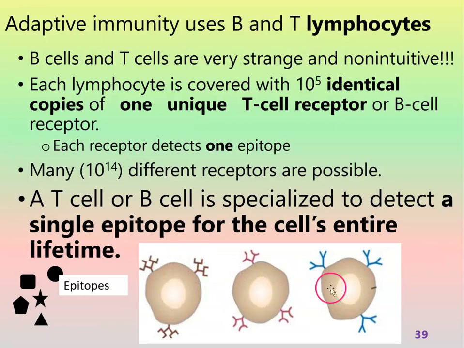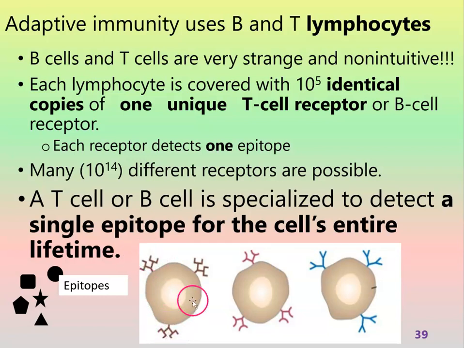This drawing is of 3 B cells, and I can tell that from the shape of the receptor. And this is a great thing to draw when you study adaptive immunity, is force yourself to draw 3 lymphocytes and draw their receptors. And what I want you to notice is that this receptor is a Y-shaped protein with 2 binding sites, basically.